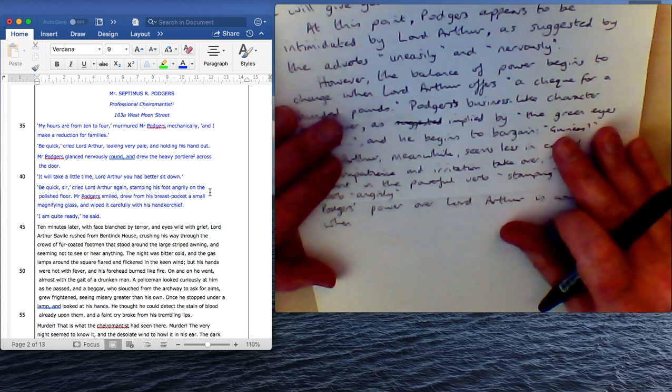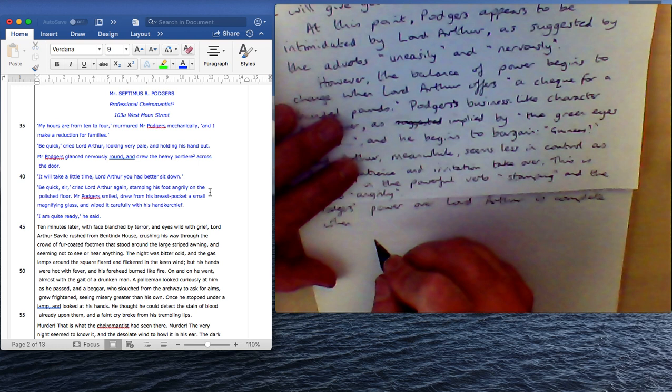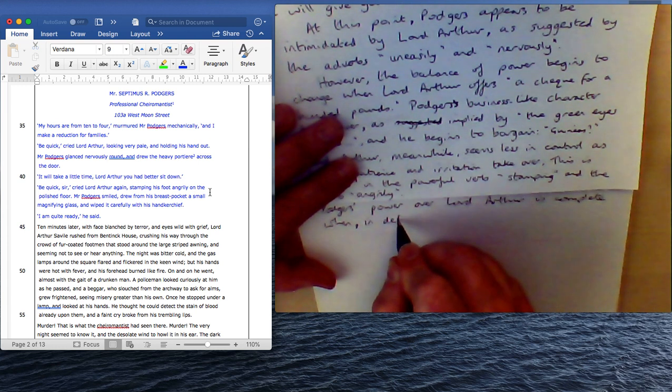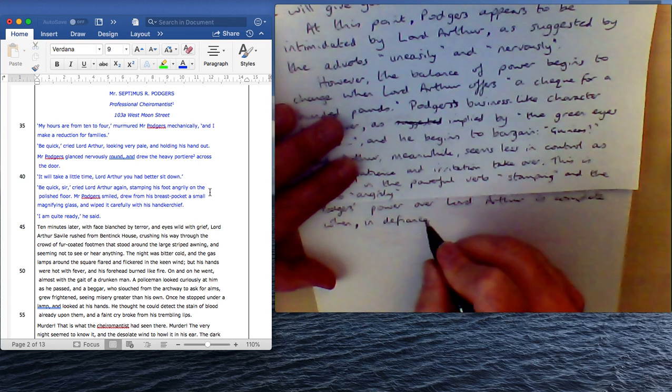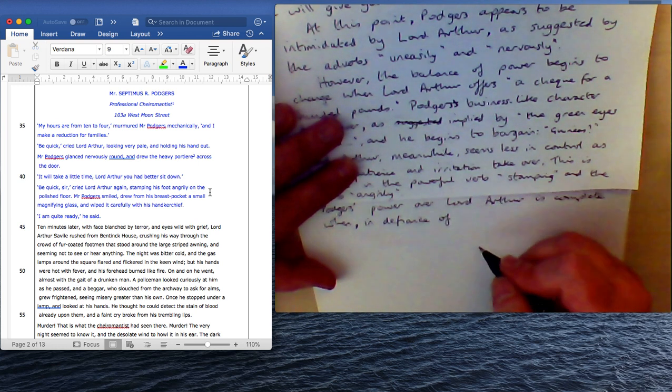So Podgers' power over Lord Arthur is complete when, and I want to add in a drop-in clause there saying in defiance of the nobleman's, because I don't want to keep repeating Lord Arthur, Lord Arthur, Lord Arthur.